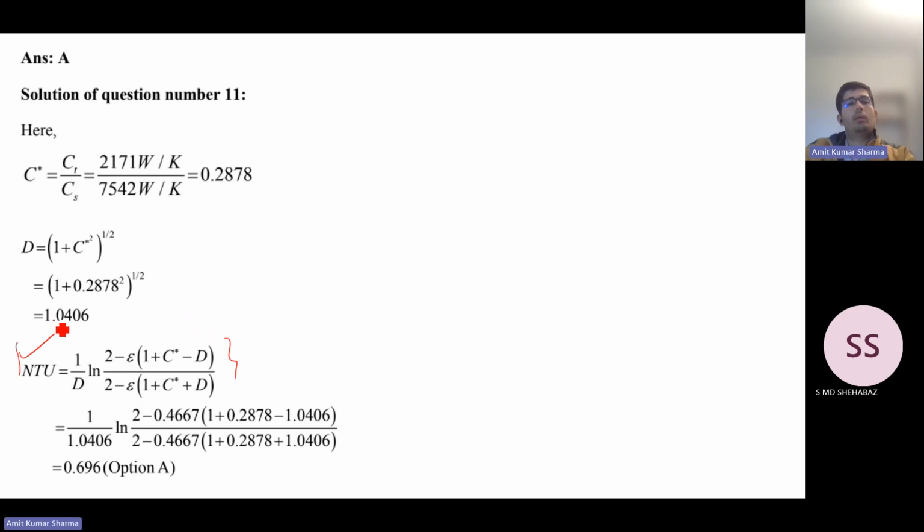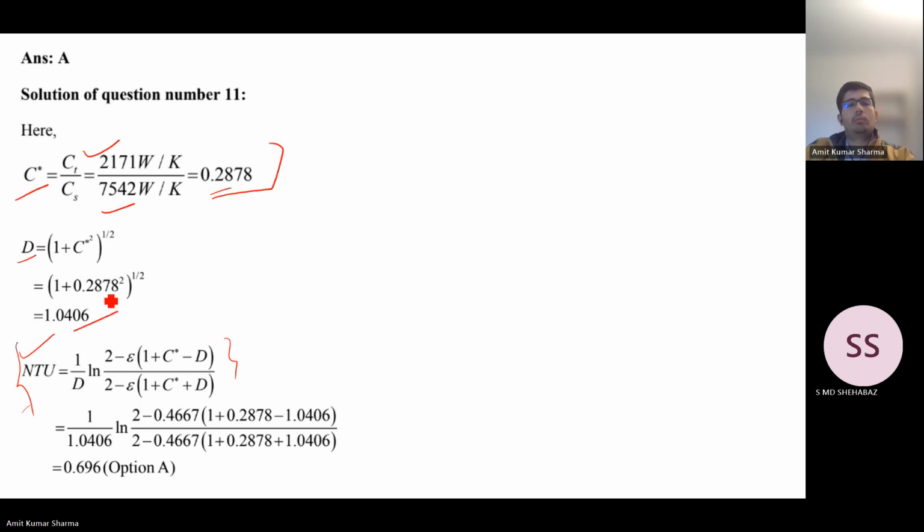So this is the formula, and you have to find out the C star, that is the heat capacity ratio of oil and water. It's going to be 0.2878. Then find out the D, square root of 1 plus C star squared. It's going to be 1.046.